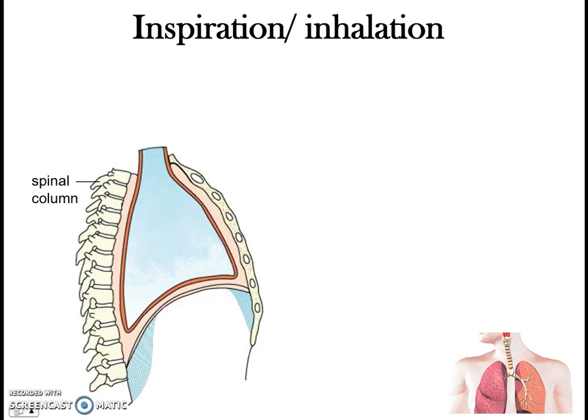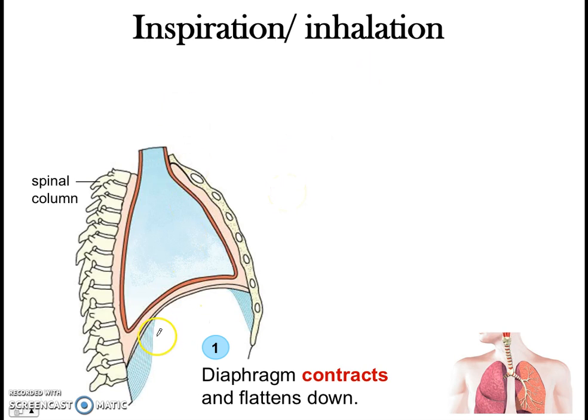Now we are ready to put what we have seen in the video into words. So what happens during inspiration and inhalation? Firstly, the diaphragm contracts and flattens down. It moves downwards.